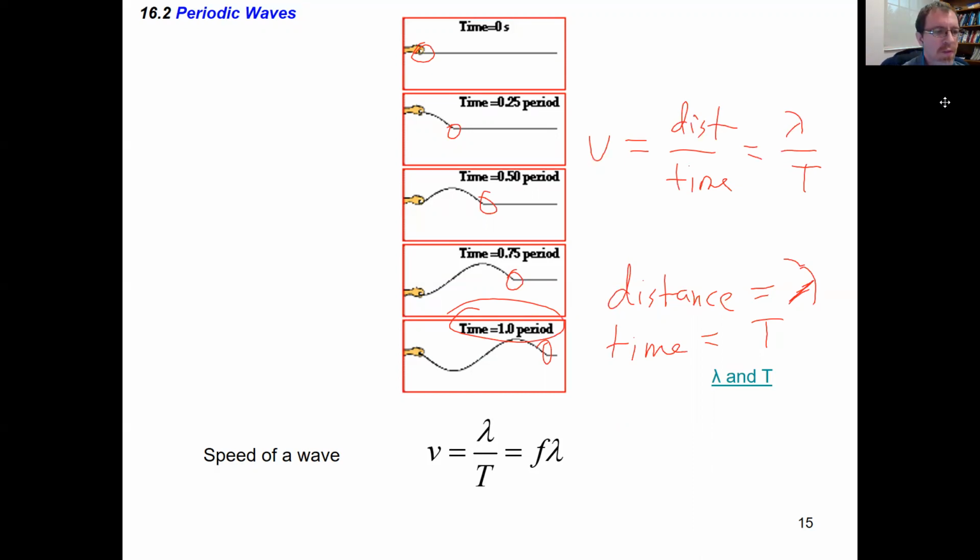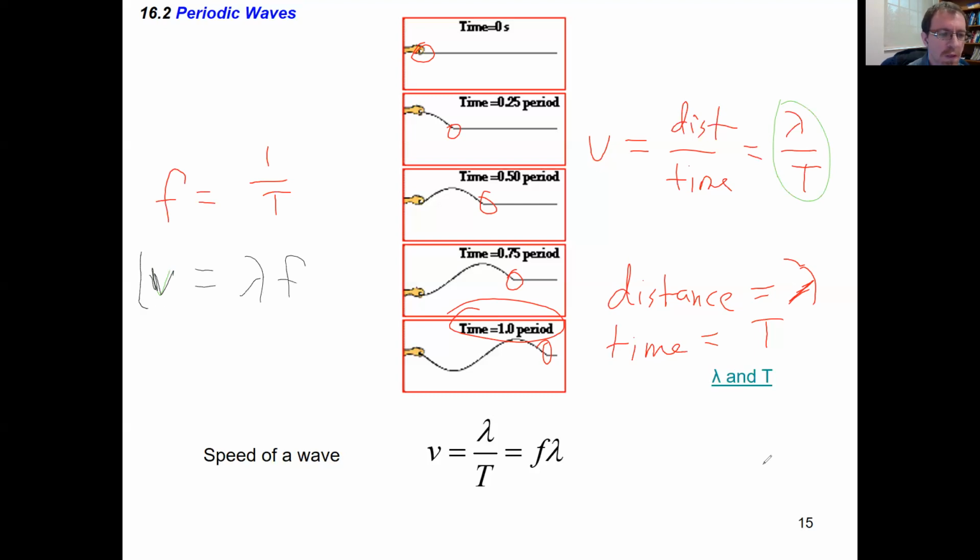And in the last slide, we saw that frequency is 1 over the period. So we could substitute that into our expression for velocity. And we get the equation that, not only is velocity equal to wavelength over period, velocity is equal to wavelength times frequency.